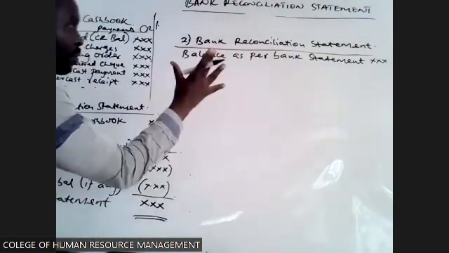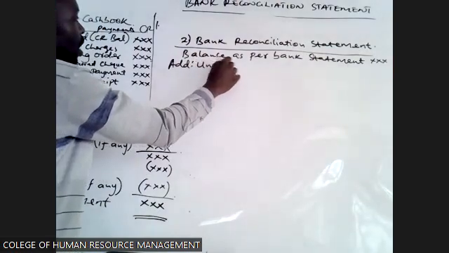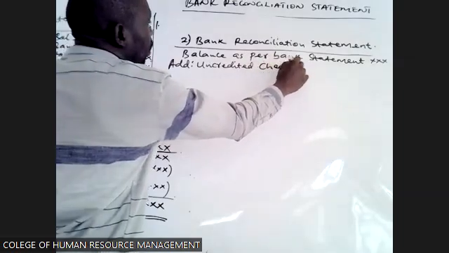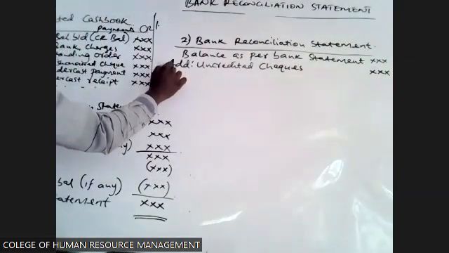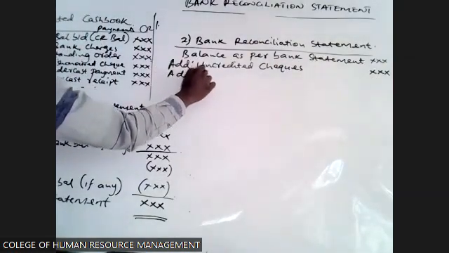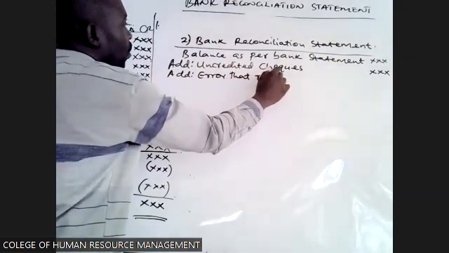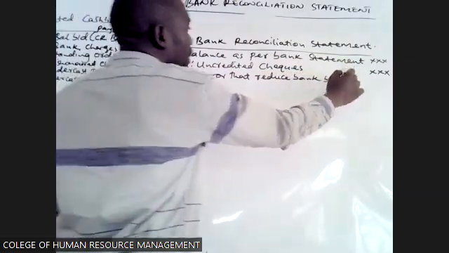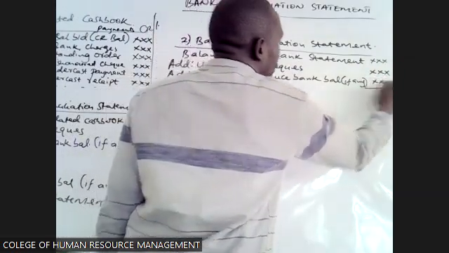When you start with the balance as per the bank statement, what you add is uncredited checks. You also add error that reduces bank balance, if any. If any, you will get a figure here after adding the three.